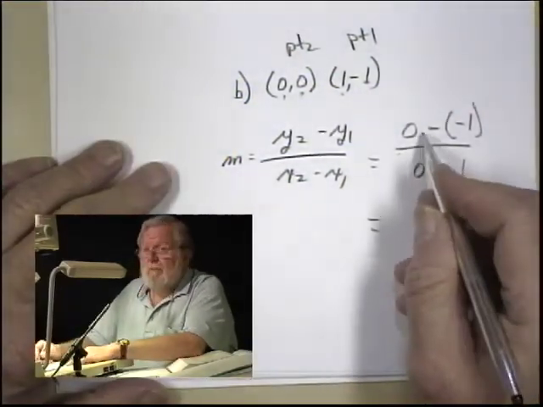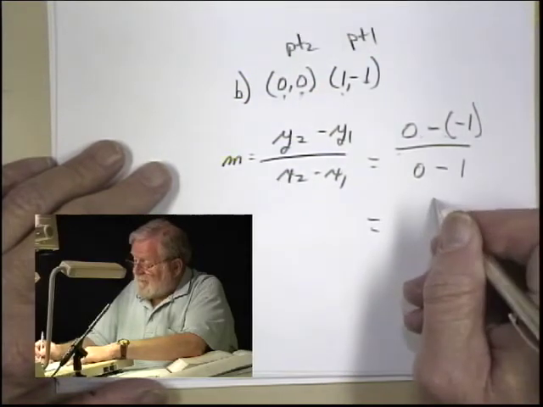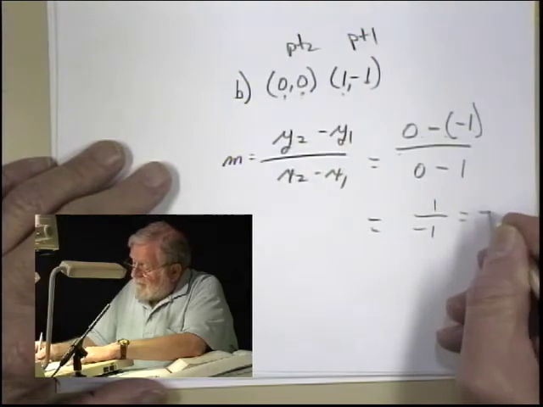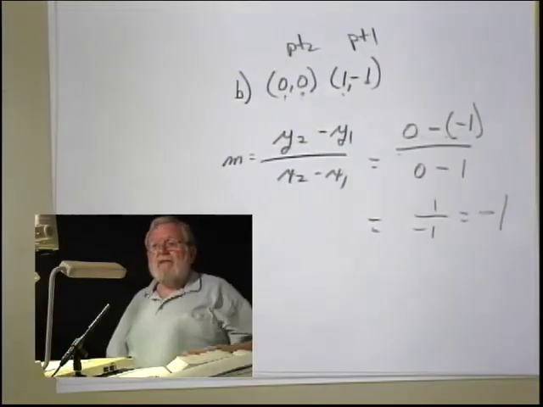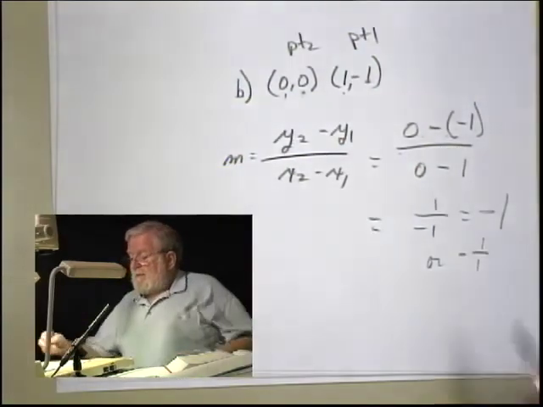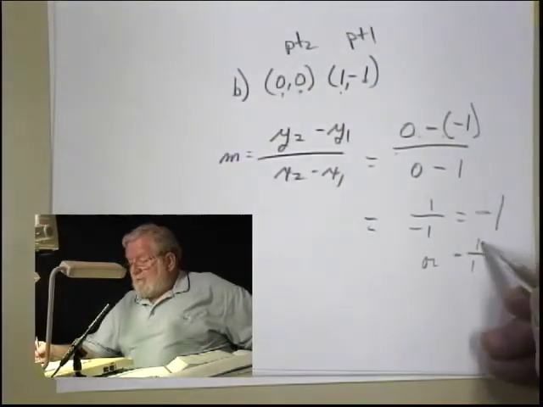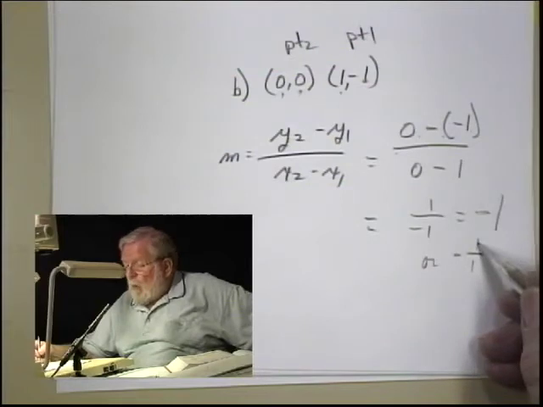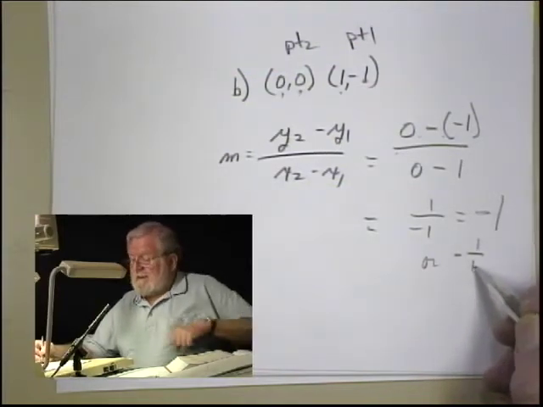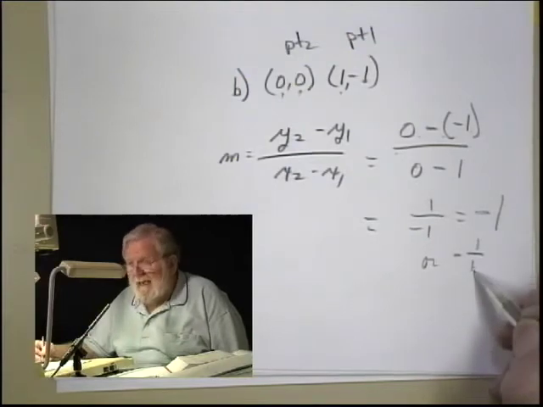So this is 0 minus a minus is a +1 over a -1, or our slope is a -1. Or you could write it a -1 over 1, which means that for every change of 1 place in y, you have 1 place in x, and it's a negative.